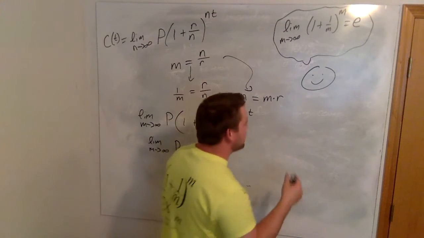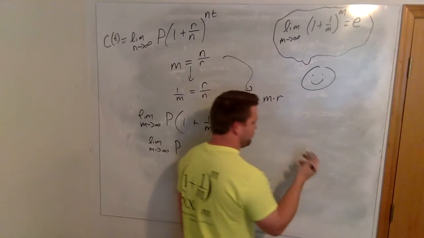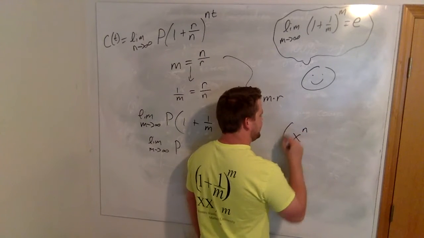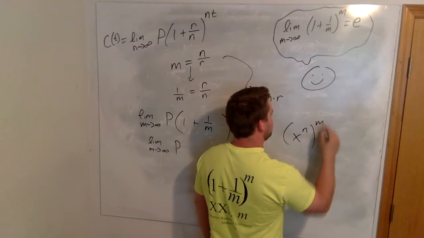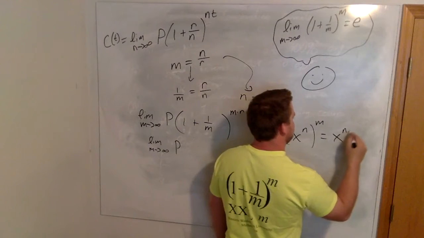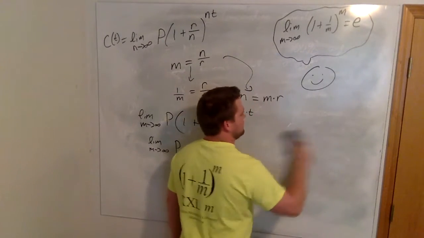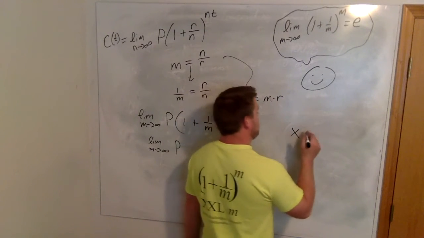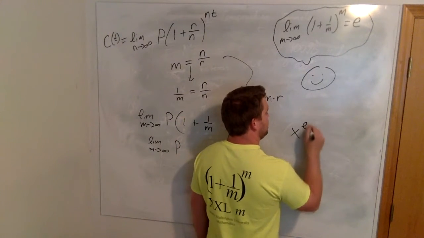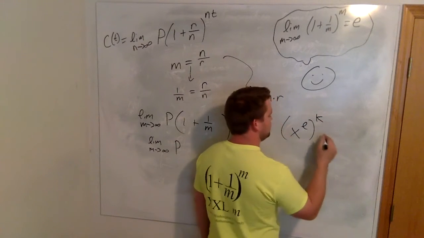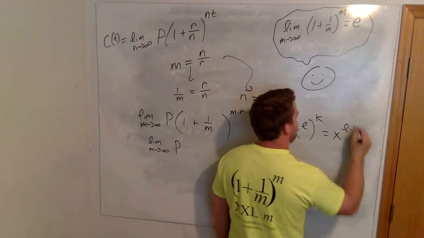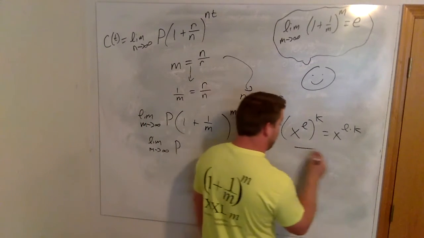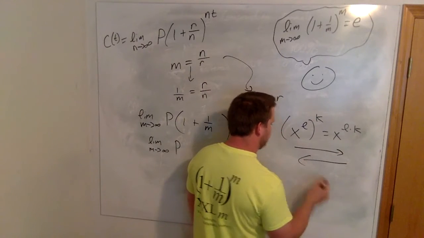Well, there's that nice exponent rule: if you have x to the L to the K, this is the same thing as x to the L times K. Oftentimes you're used to using this exponent rule this way, but we're going to use it the other way.